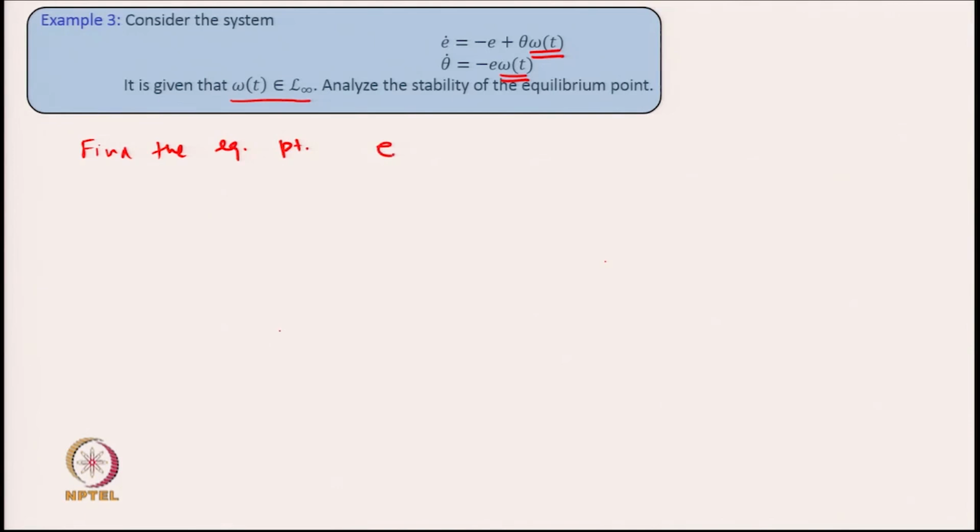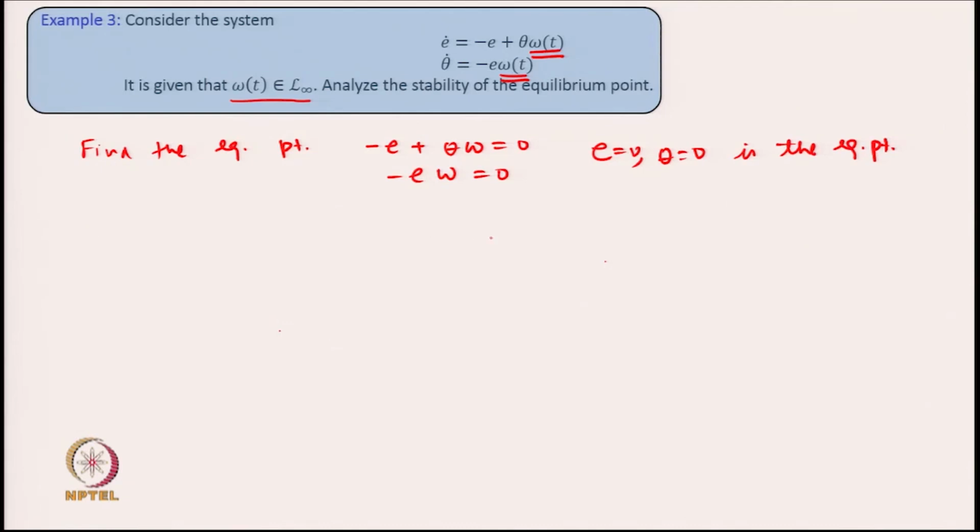So, we set the right hand side equal to 0, and we see that E equal to 0 and theta equal to 0 satisfies this equation for all time. So, this is the equilibrium point, and we have to analyze the stability with respect to this equilibrium point.